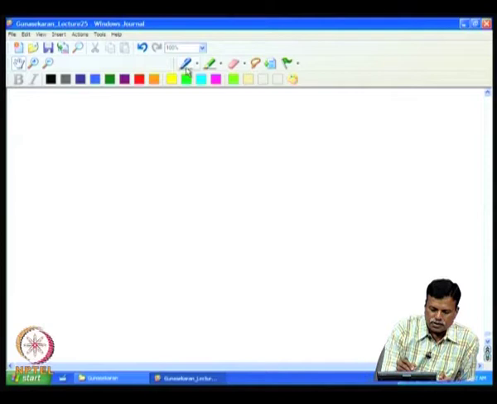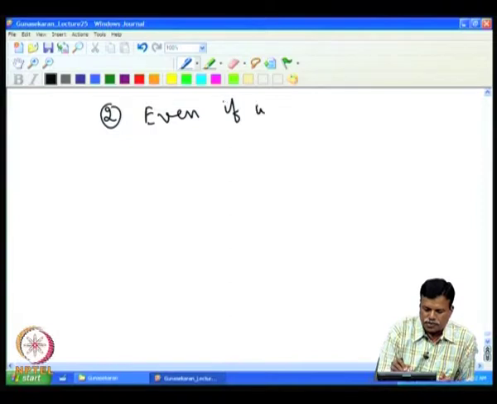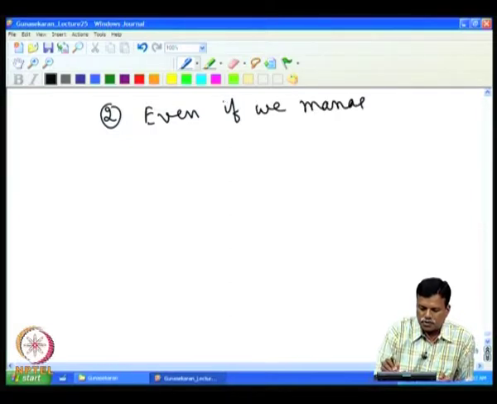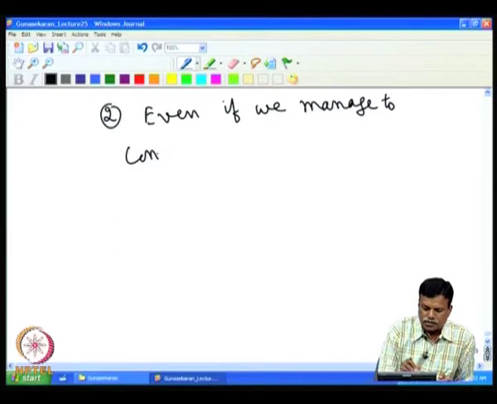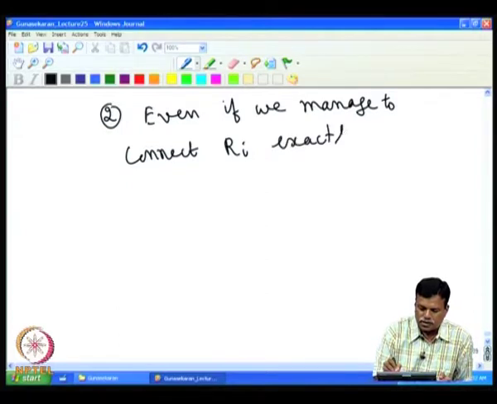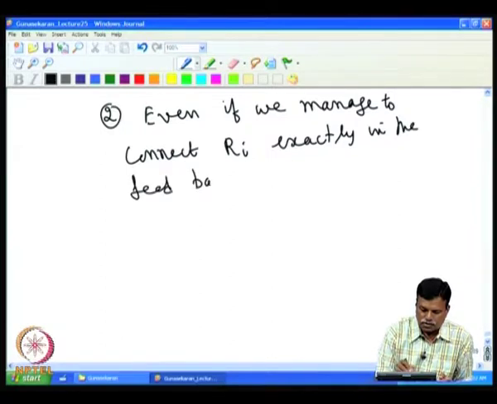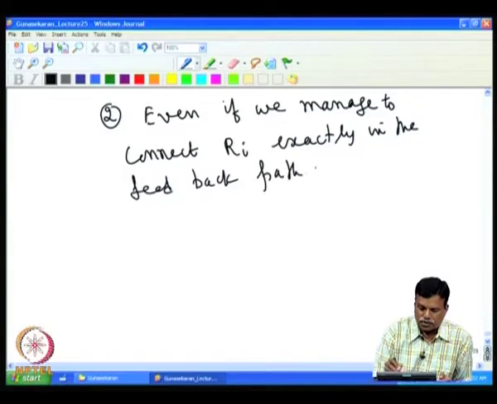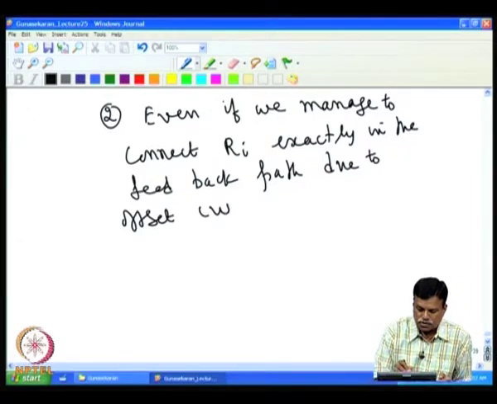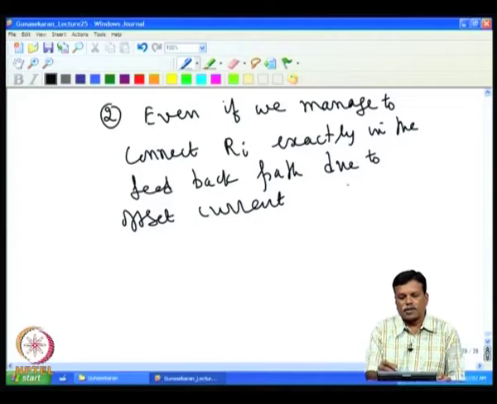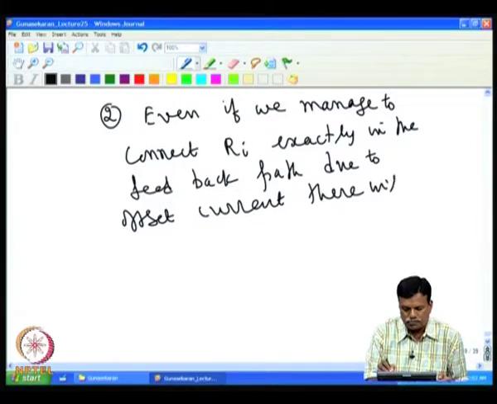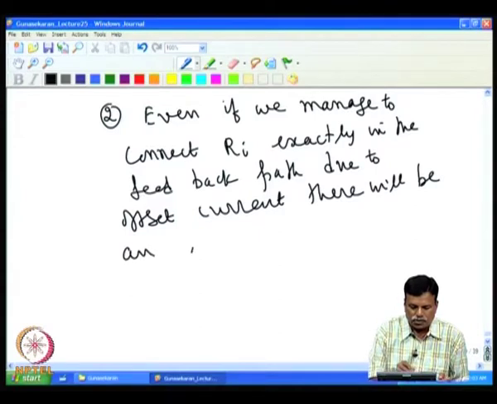So, even if we manage to connect RI exactly in the feedback path, due to offset current there will be an error voltage at the output.